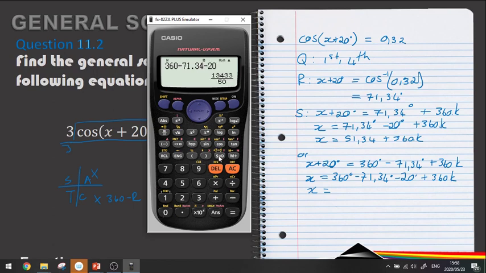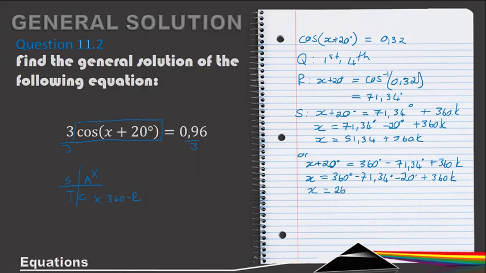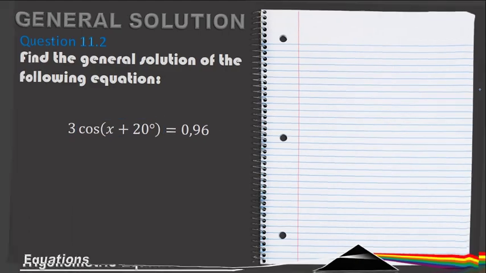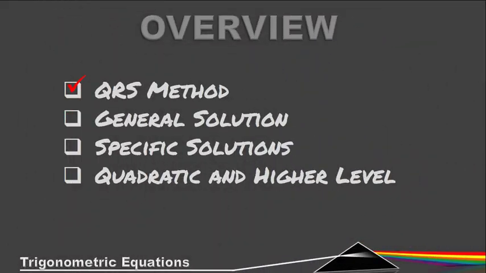And that's equal to 268,66 degrees plus 360k. Okay, so here are our general solutions. That was general solutions. We will now move on to specific solutions.